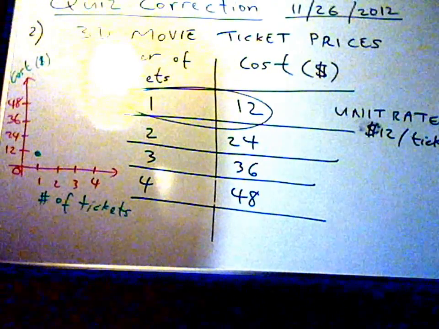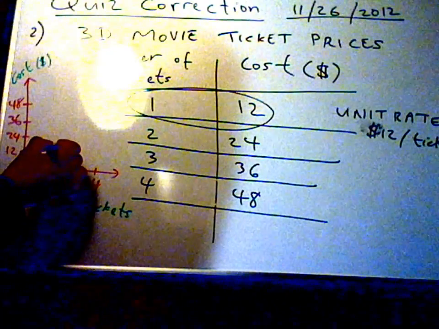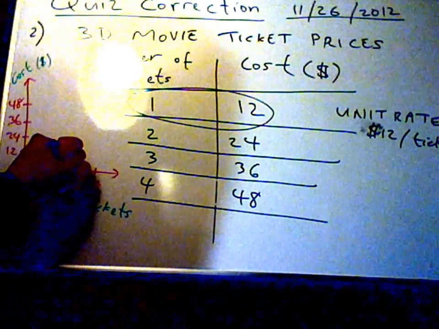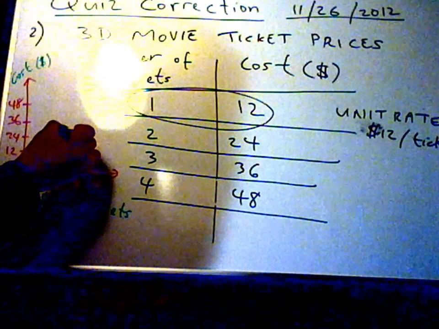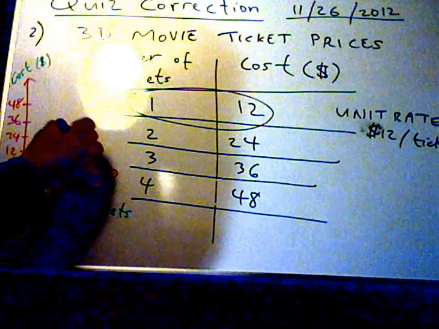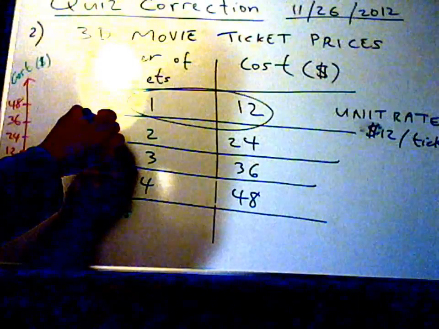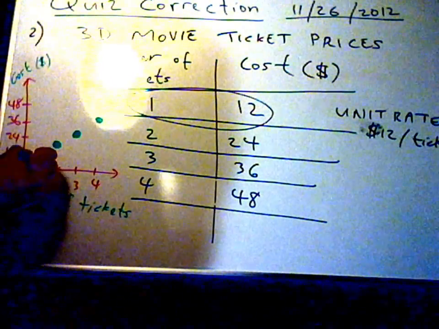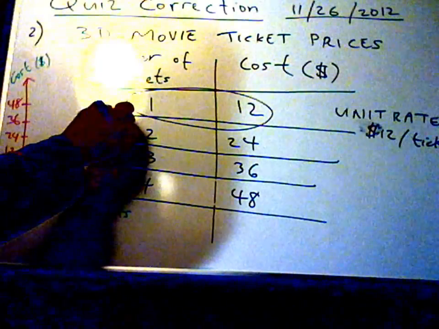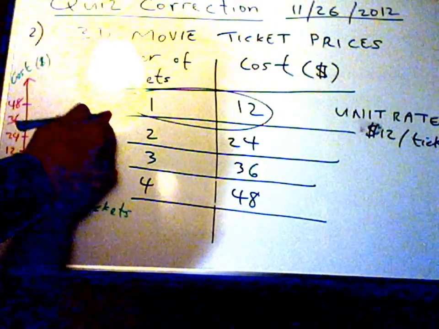One ticket costs $12. Then I have (2, 24). Then I have (3, 36), and finally I have (4, 48). And I just draw a straight line. You should be using your ruler.